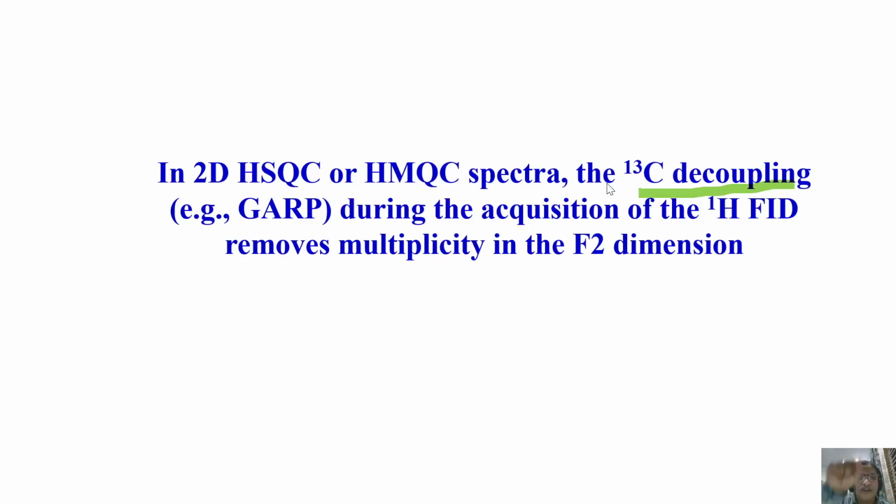Where you see only a single proton peak, you are going to see a correlation peak. That's all. Only thing is splitting is removed. The coupling is removed. No more splitting. You will get correlation at the respective chemical shifts. Coupling information is absent. You don't see additional splittings in the HSQC spectrum.